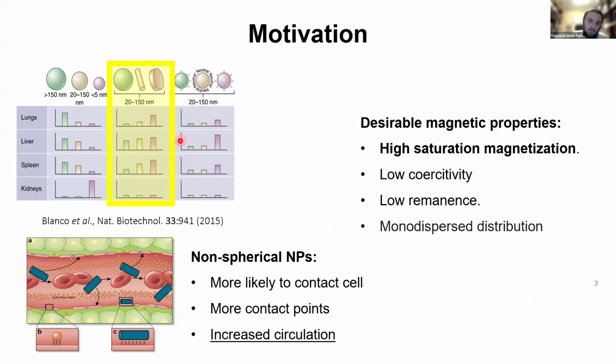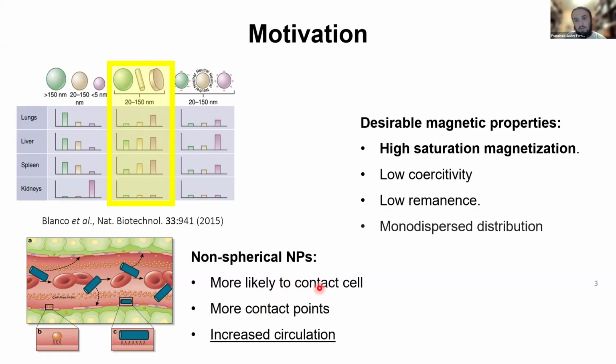Also, for non-spherical nanoparticles, for example nanotubes or discs, since they have a higher specific surface area, they are more likely to contact cells since they have more contact points. And we also get an increased circulation of the nanoparticles through the body.